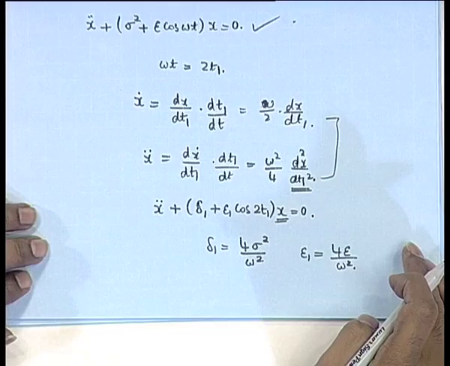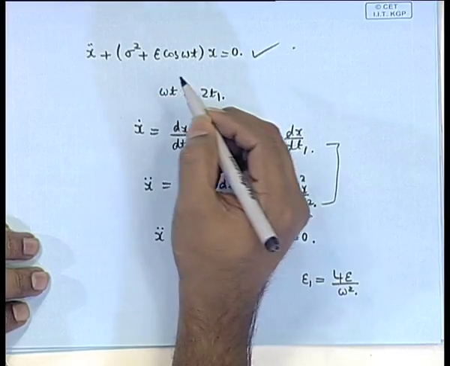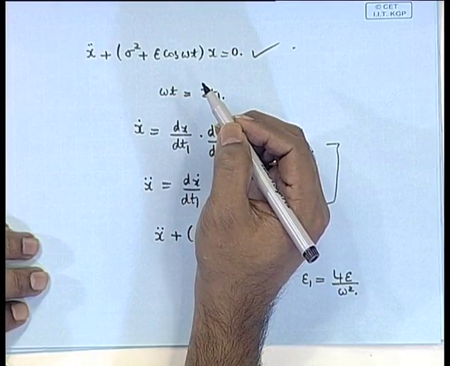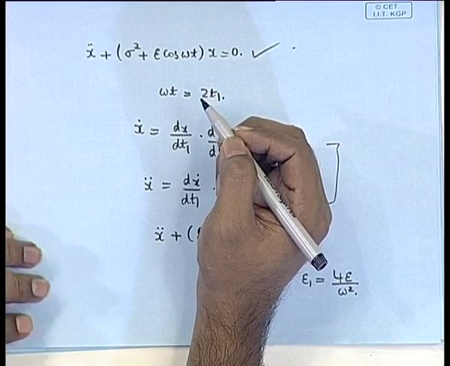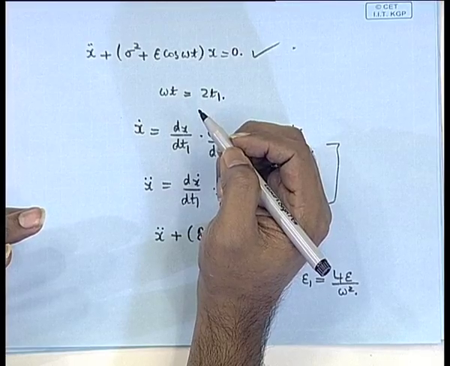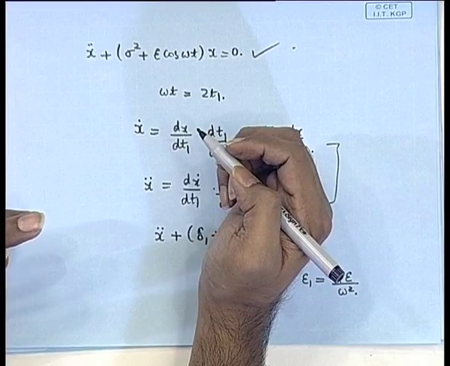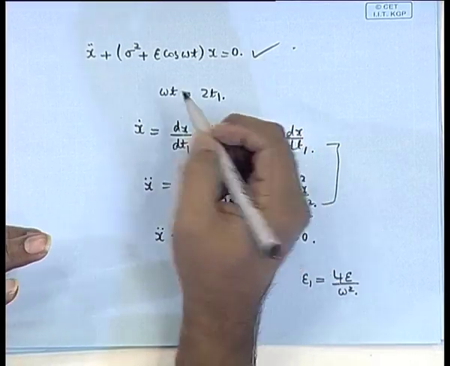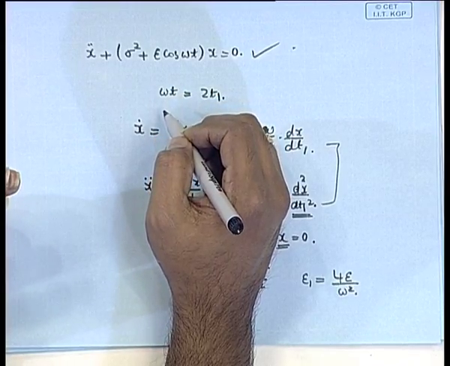Now, look at this equation. First of all, we have the case of an undisturbed solution. Undisturbed means when the perturbation component is 0; it is like saying there is no wave.